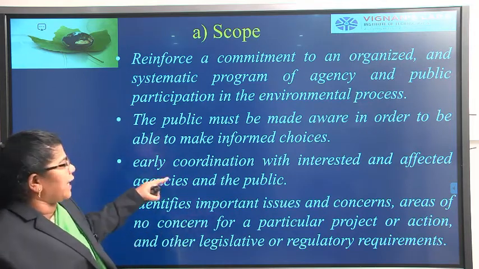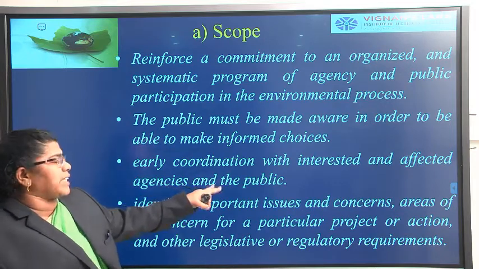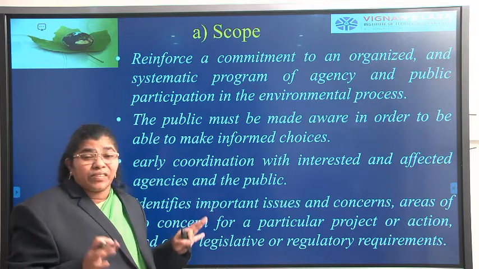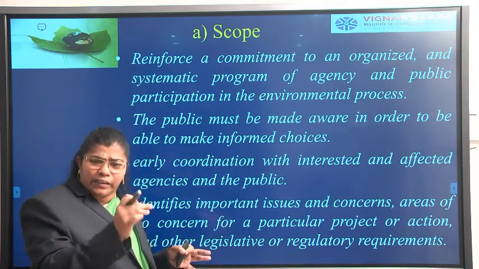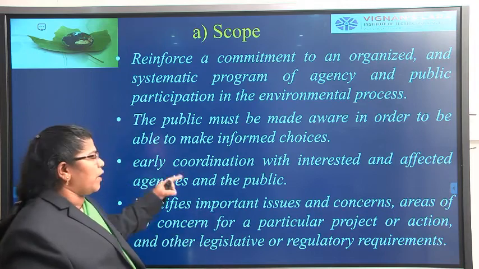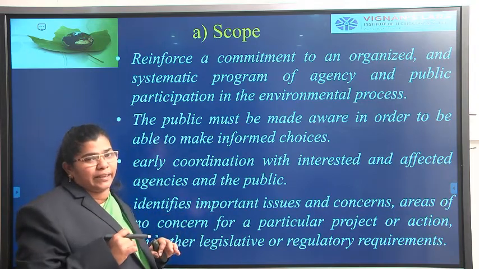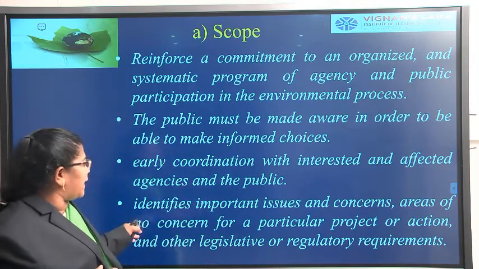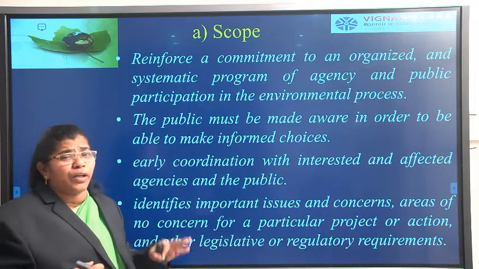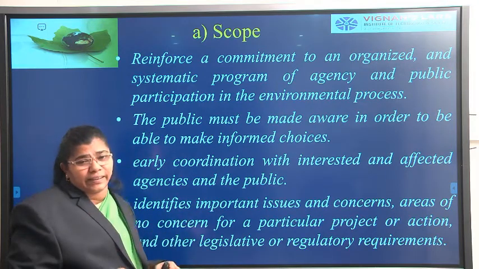And the next one is the coordination with interested and affected agencies and the public, right? Every project that is happening will have some negative forces also, so we have to get it coordinated, and all the things have to be well settled. Otherwise this project cannot go ahead, right? The next one, we have to go in for the identification of the important issues and concerns, right?